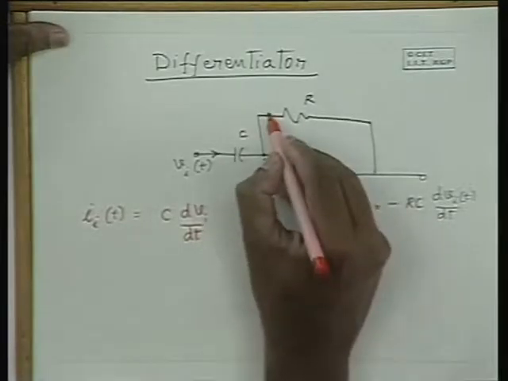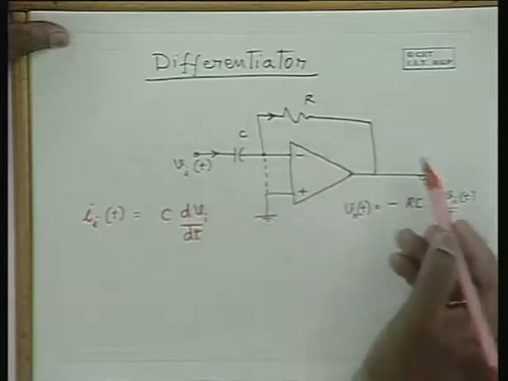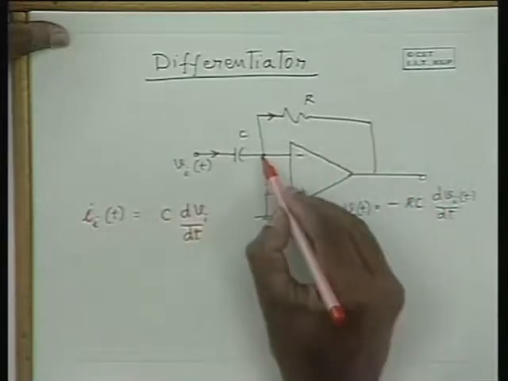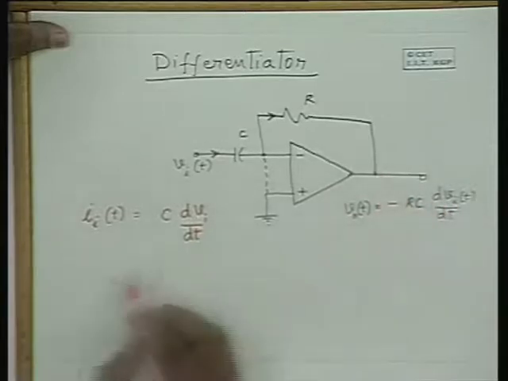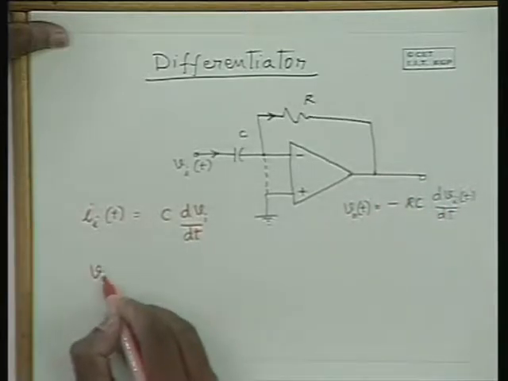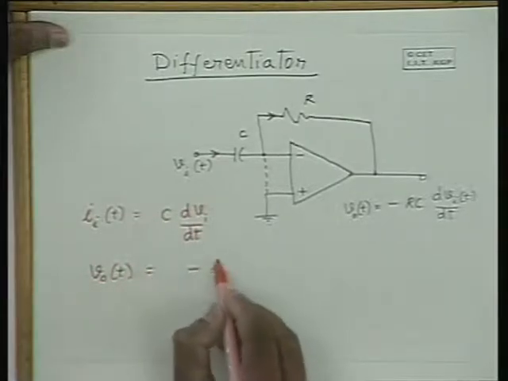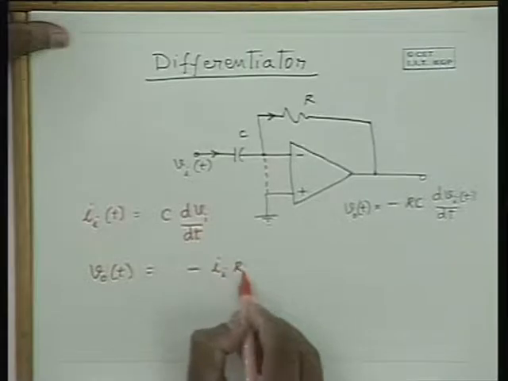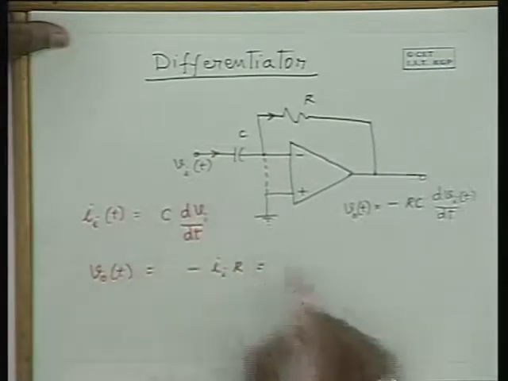Now the same current flows through R, and the output voltage V0 is the voltage drop across R with opposite sign, because this side is ground and this side is connected to the output terminal. And therefore V0(t) is minus Ii into R, and therefore Ii is given here.